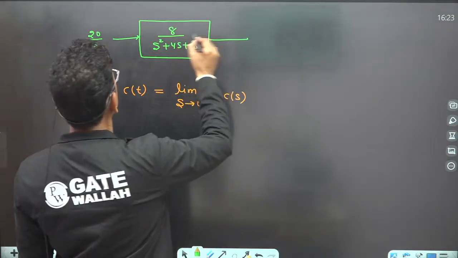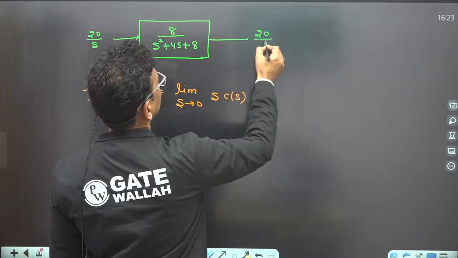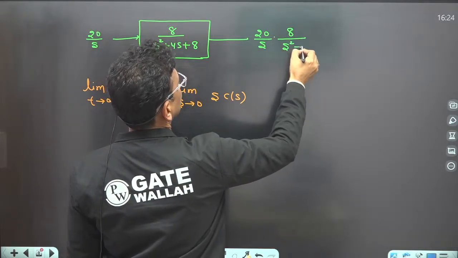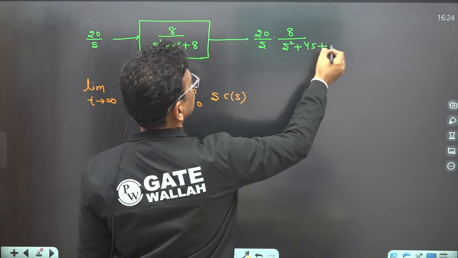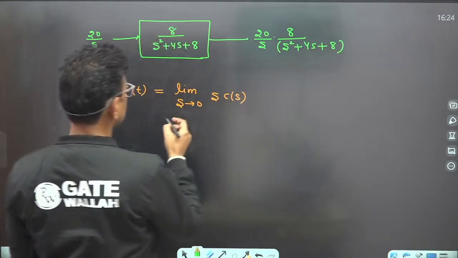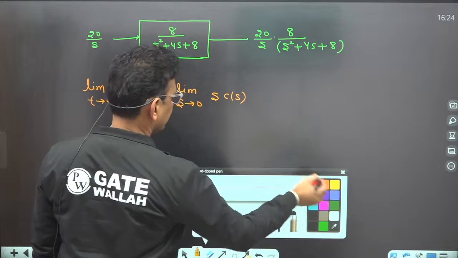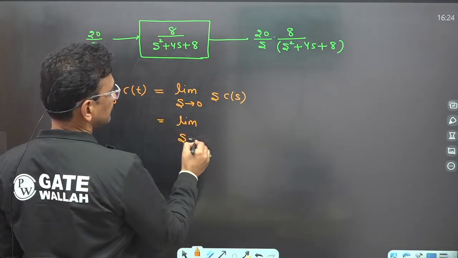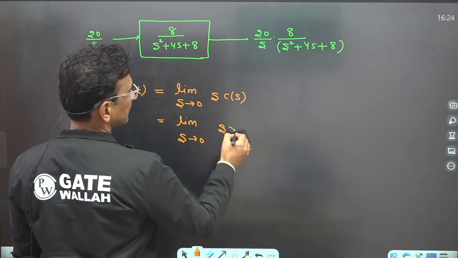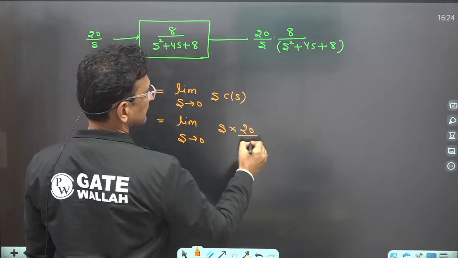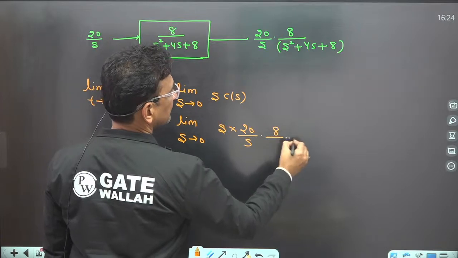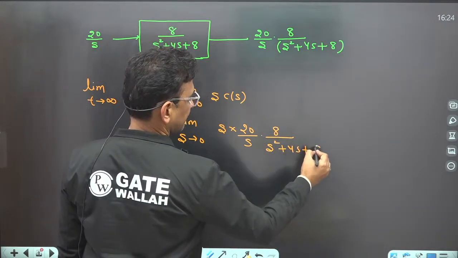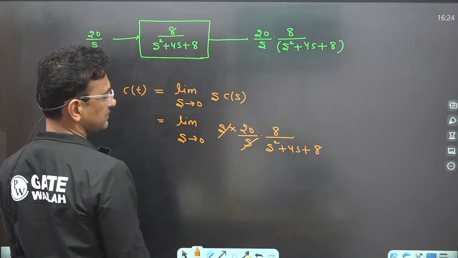So C(s) will be 20 by s multiplied by 8 upon s square plus 4s plus 8. If I put this value here, it will be limit s tends to 0, s multiplied by 20 by s, 8 upon s square plus 4s plus 8. s and s will cancel out.